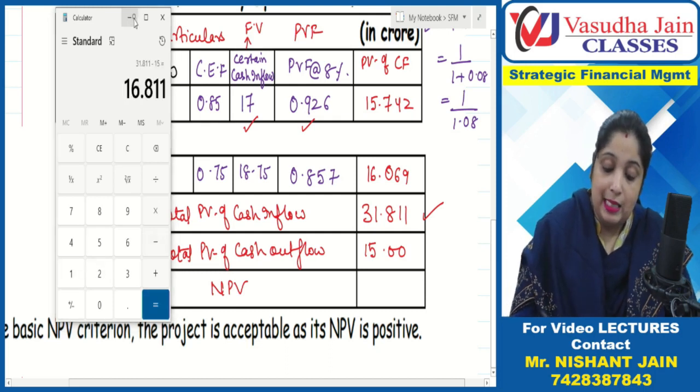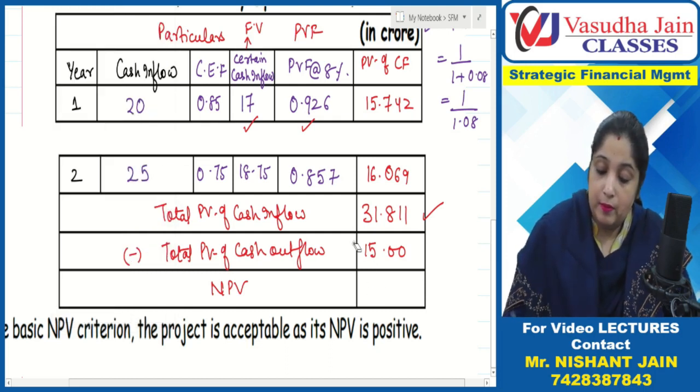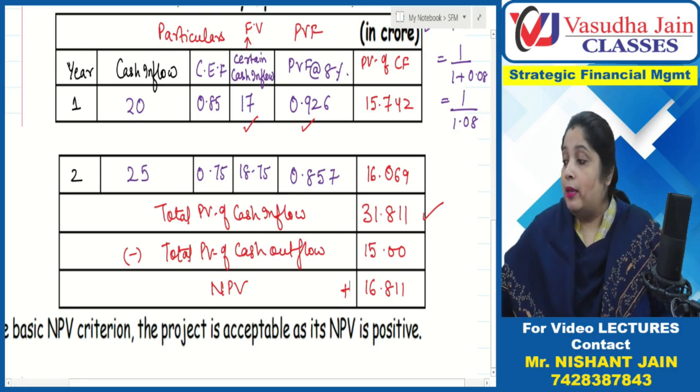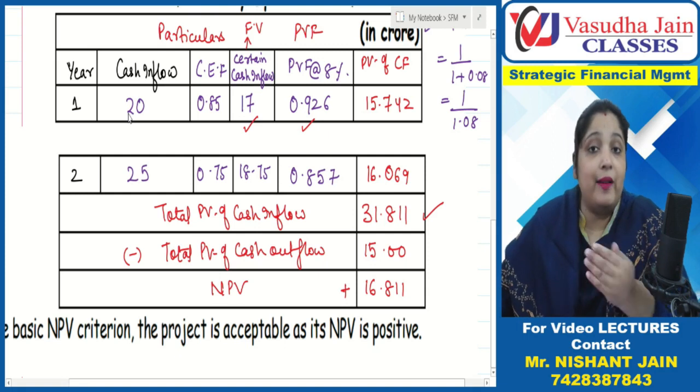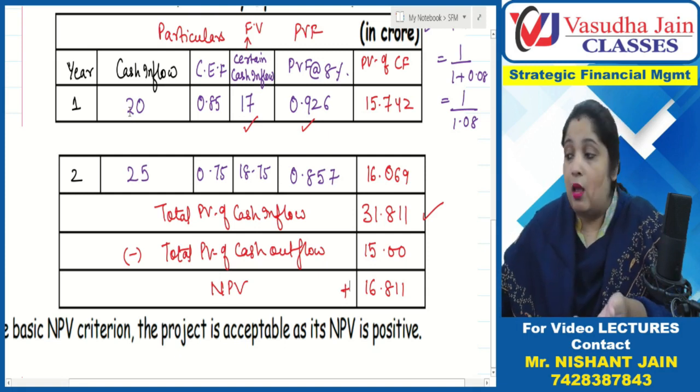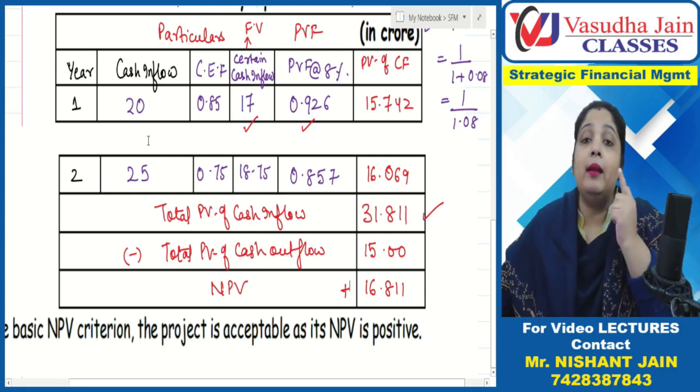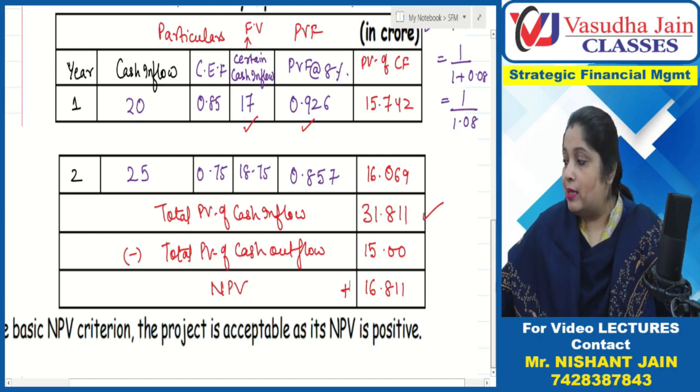So we are getting 16.811. So your NPV is coming positive. This means that you are being asked to invest less and still you are going to get 20 crores and 25 crores after 1 year and the second year. That means your rate of return is more than 8%. So hence you should accept this project.